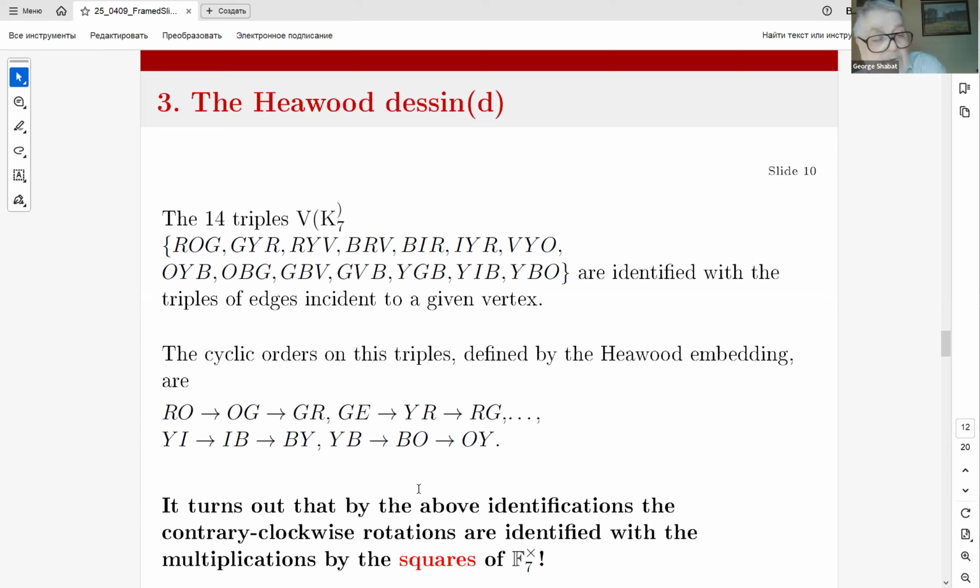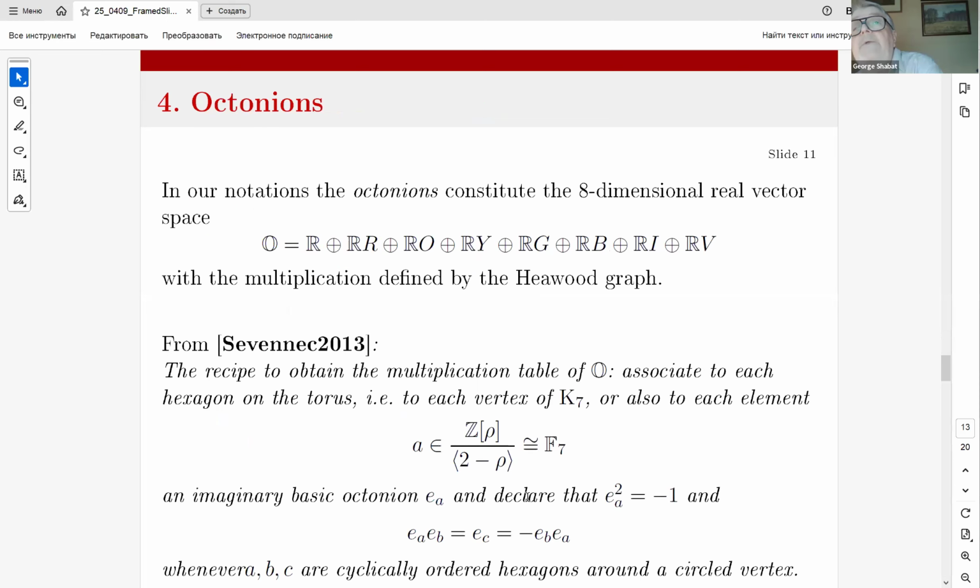So the squares of the field of 7 elements determine completely the structure over the complete graph K7 that turns it into the dessin, or some people like to mention ribbon graphs here. So that's what I was going to say about the dessin. And now we turn to the topic that is kind of exotic in our seminar.